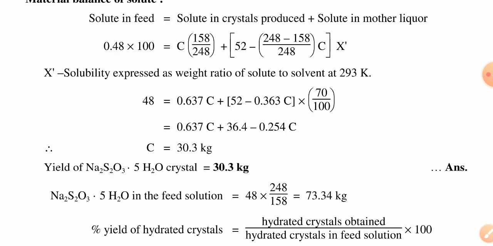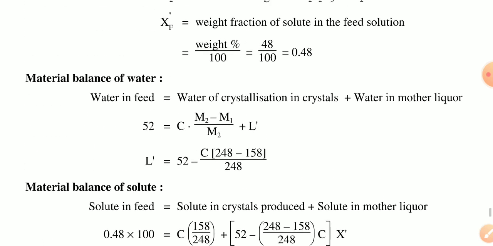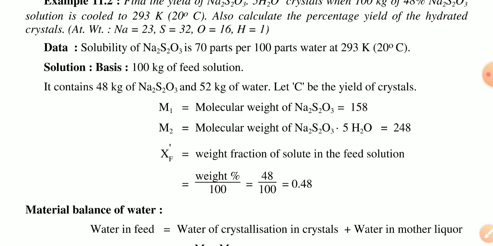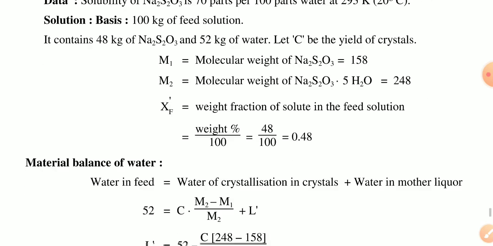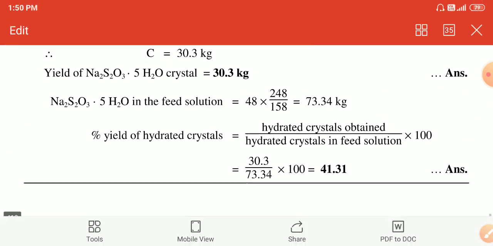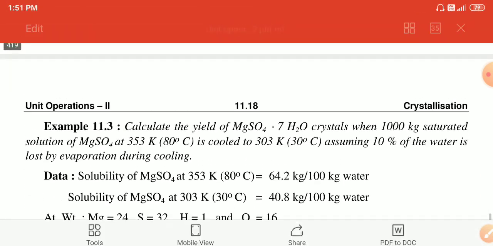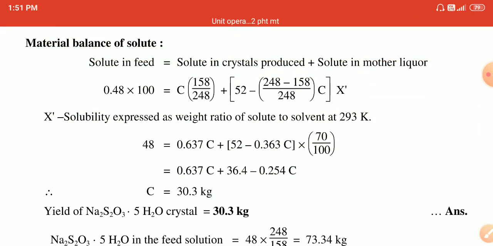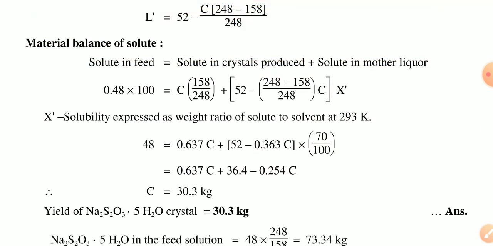The solute in the feed is equal to the solute in the crystals produced plus the solute in the mother liquor. 0.48 multiplied by 100 is equal to C, with the molecular weights we found: Na2S2O3 is 158 and Na2S2O3·5H2O is 248. We put in all these values, times X dash, where X dash is the solubility expressed as the weight ratio of solute to solvent at 293 Kelvin.